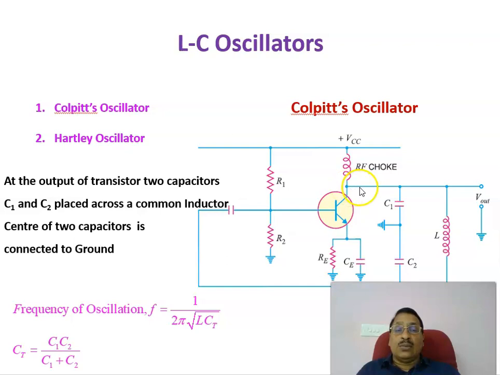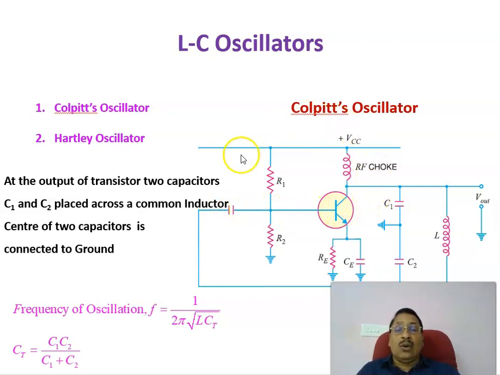Here you get the oscillator output, which is fed back to the input through L and C, that is C1 and C2, whose midpoint is grounded, and across them an inductor L is connected. So C1, C2, and L constitute the feedback path, and the feedback output is given to the input through a coupling capacitor.